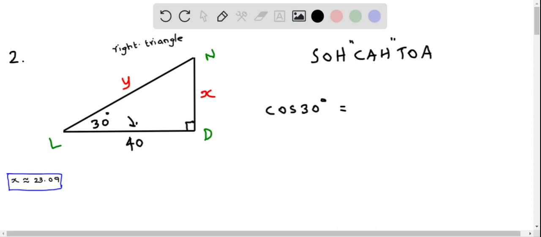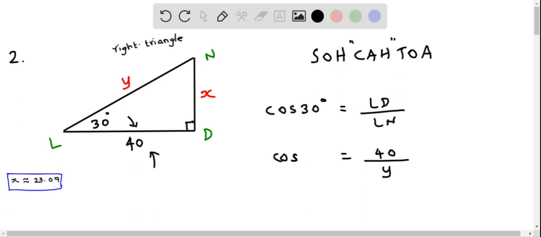The adjacent side to 30 degrees is LD, which is 40, and the hypotenuse is LN, indicated by the letter y.